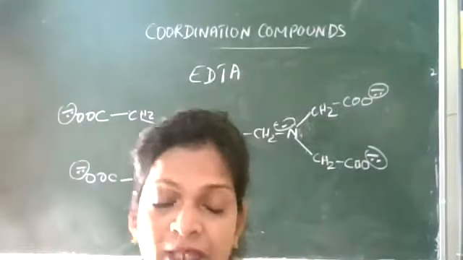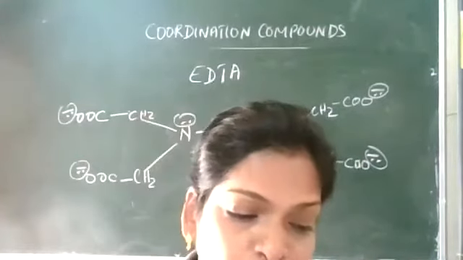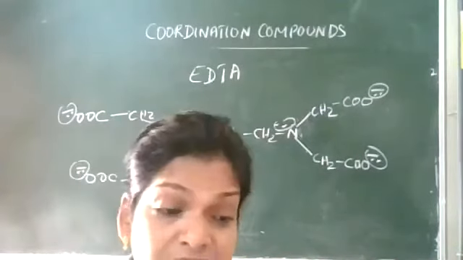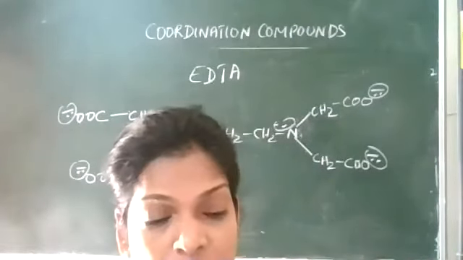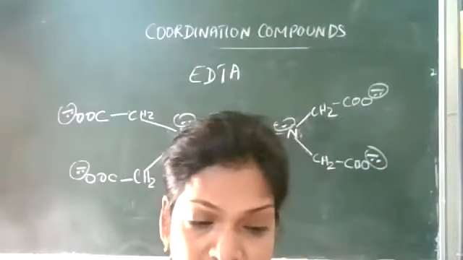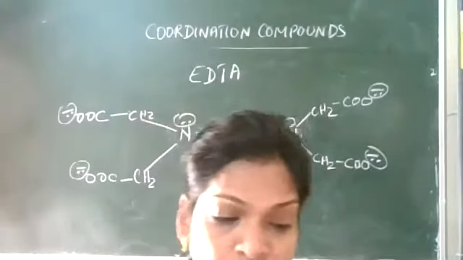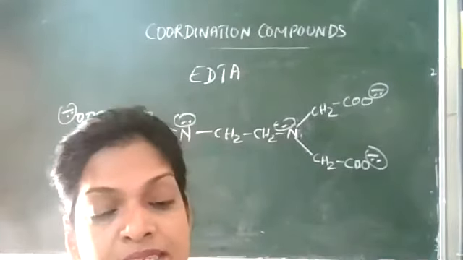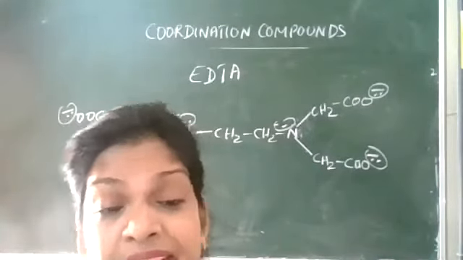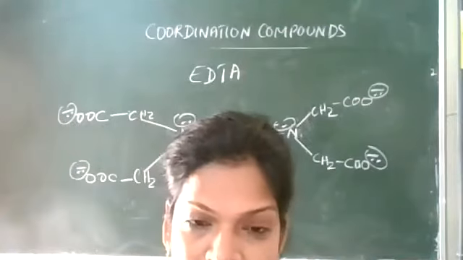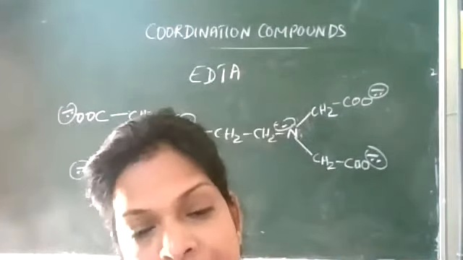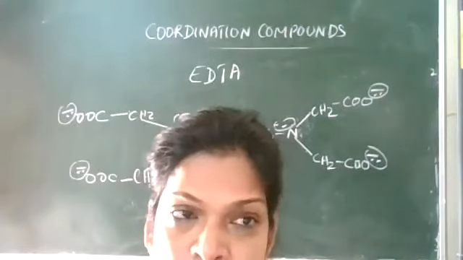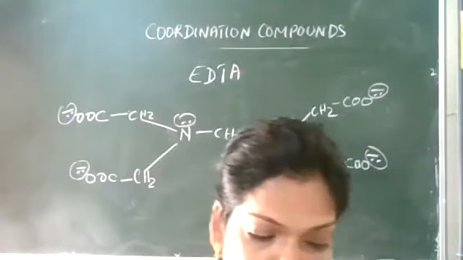The number of chelating groups in a polydentate ligand that bind to a single metal ion is called denticity. So denticity means monodentate, didentate, tridentate, like that.